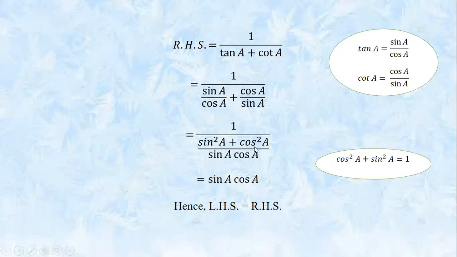Now sin square A plus cos square A is 1, so only sin A cos A will be in the numerator, which is same as our LHS. So here LHS and RHS we have solved separately, and for both we got the answer as sin A cos A. Therefore both LHS and RHS are equal, hence we have proved.